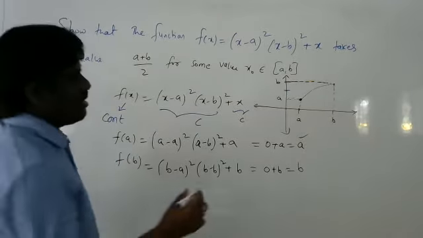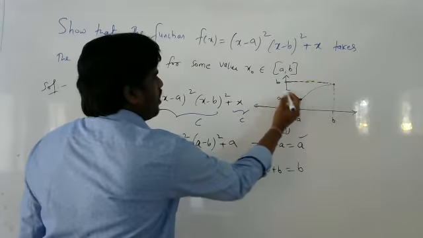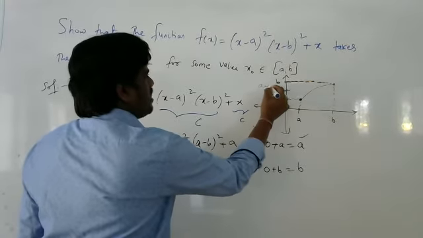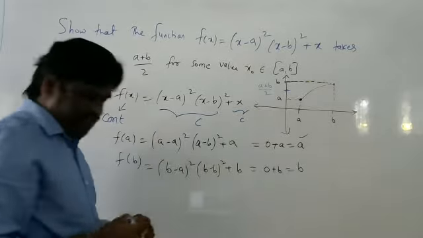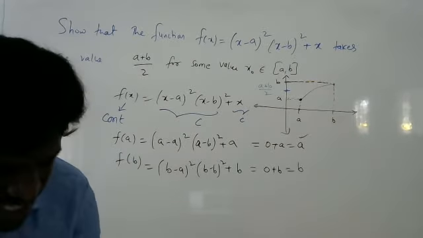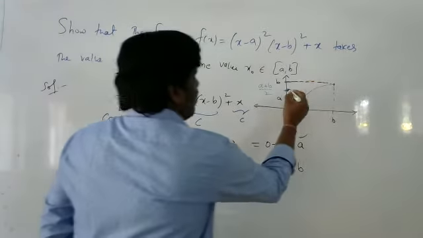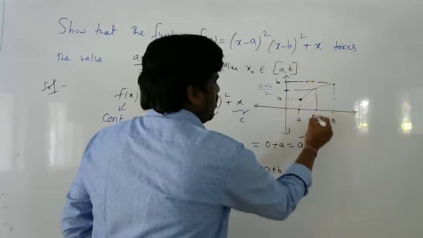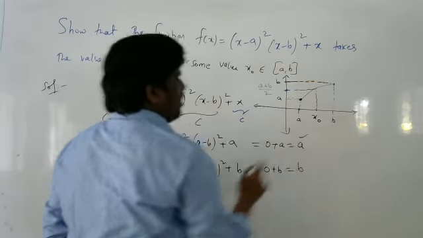The midpoint is this, so a plus b by 2 will be here. For a plus b by 2, there exists at least one x naught in a comma b.